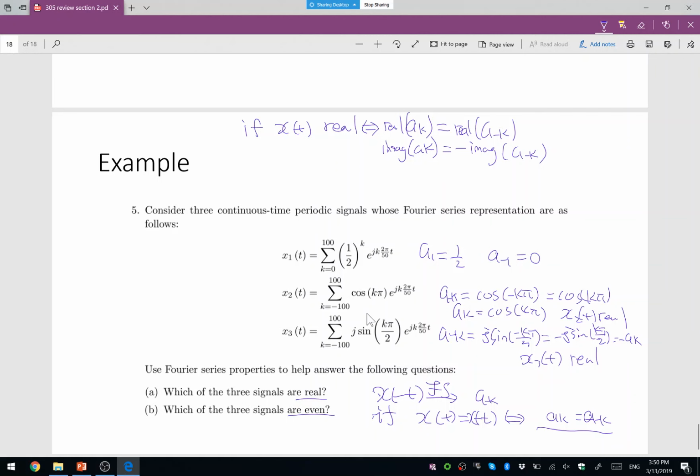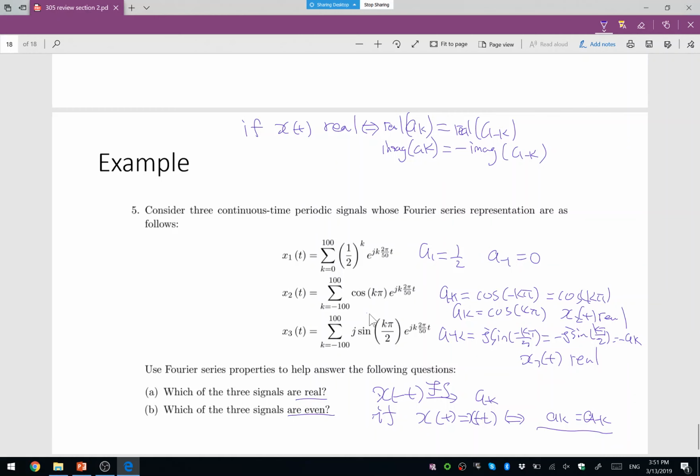So if a_k was odd and then x was also, oh wait, yeah. I was thinking if the frequency was odd and the a_k was odd, then the exponential times the odd is even. I didn't check that, but you can check it all. Instead of remembering the formula, you can do it empirically. If you find a_k is odd or even, and then you look at the exponential, you can tell if that's odd or even, and then just use the properties of odd and even.